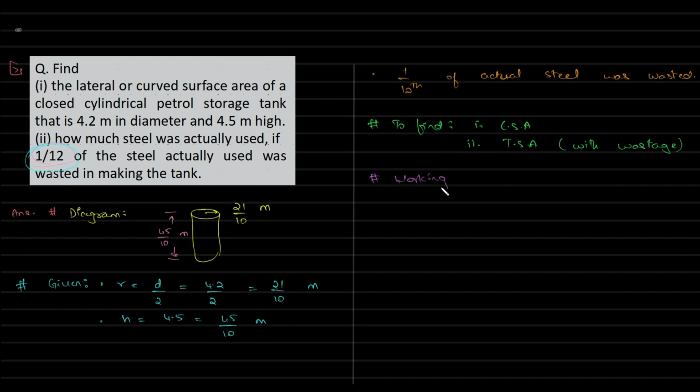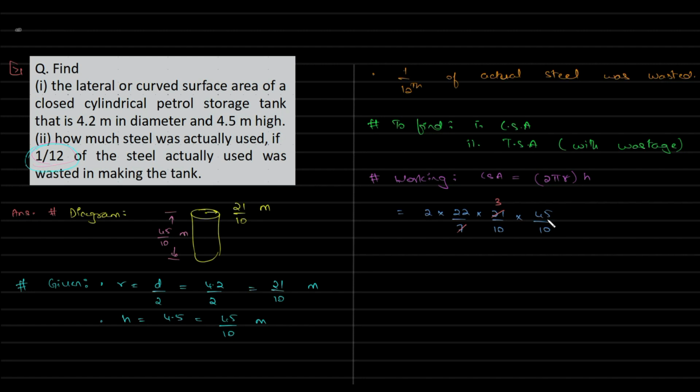So first is your curved surface area, which is 2 pi r, the circumference of the circle, into h. So we have 2 into 22 by 7 into radius 21 by 10 into height, which is 45 by 10. The 7 and 21 cancel, 7 threes are 21.